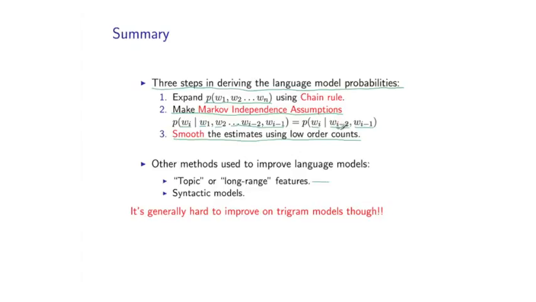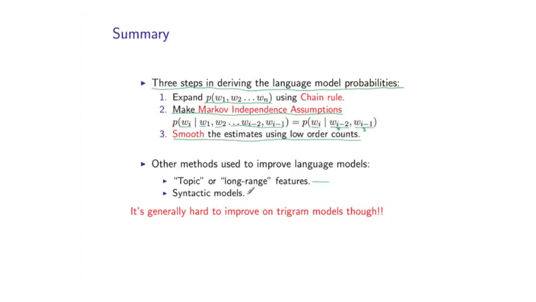So conditioning on just the previous 2 words is certainly limiting. And in some cases, you might want to condition on the fact that a document is about sports or is about politics or the general topic. That can influence the words that are seen in the document. It might be important to condition on that. Or we might condition on words which are outside this 2-word window. There's been considerable interest in that problem.